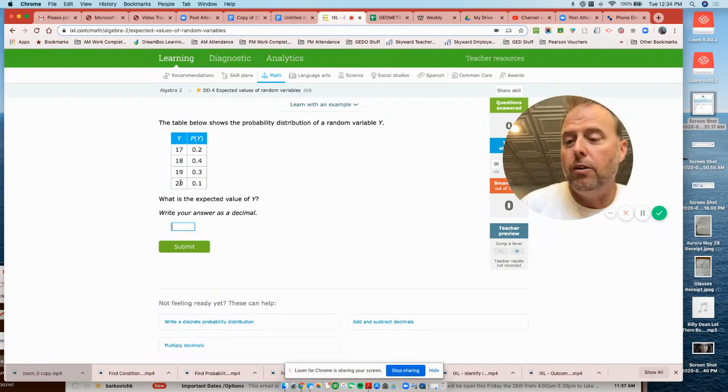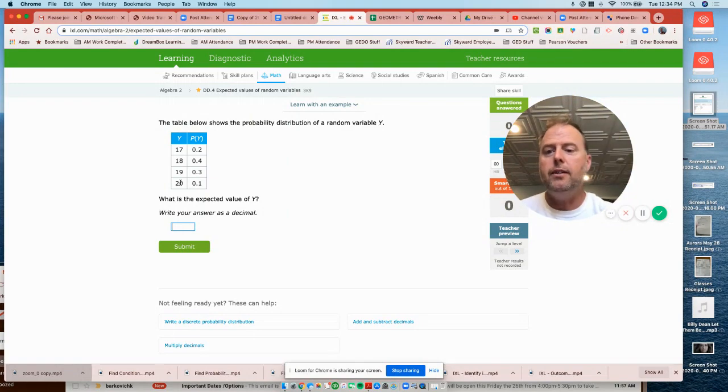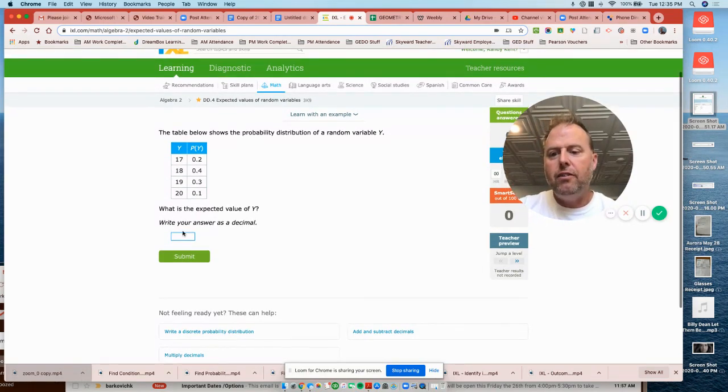So really all you need to do, if you can grab your calculator, is do 17 times 0.2 plus 18 times 0.4 plus 19 times 0.3 plus 20 times 0.1, which gives me 18.3.